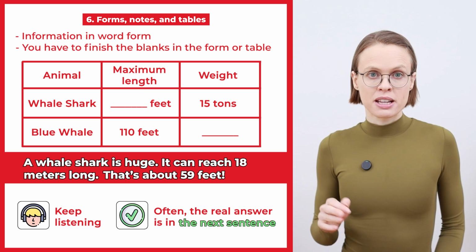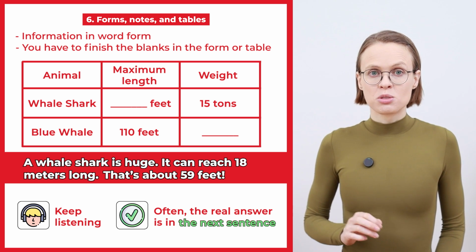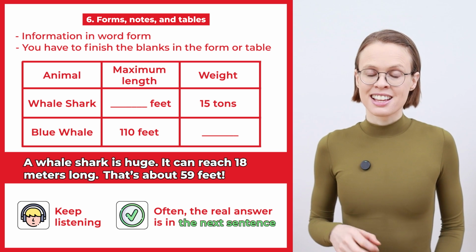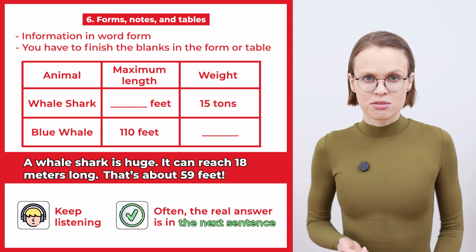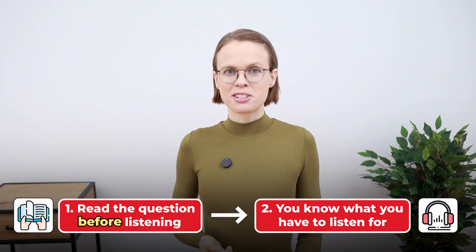These questions specify how many words or numbers you can use. No matter what format the information takes, you need to listen for the missing information. As with all the listening questions, that's easiest to do if you read the question before you start listening, because then you know what you have to listen for.